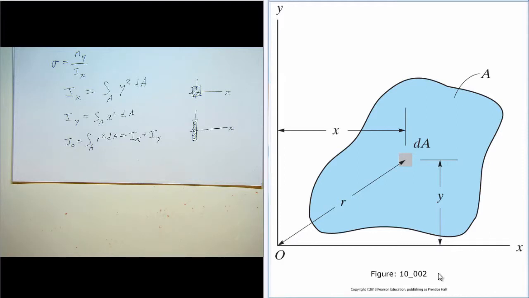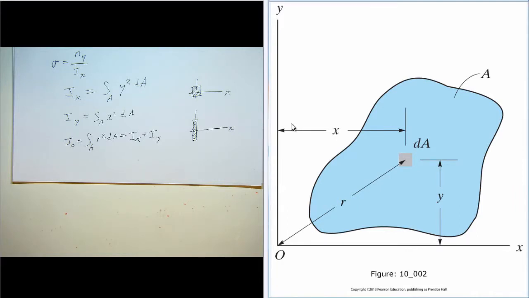So this refers to the distance from the principal axis, so the axis that passes through the centroid. But oftentimes you want to find the moment of inertia about a different axis.